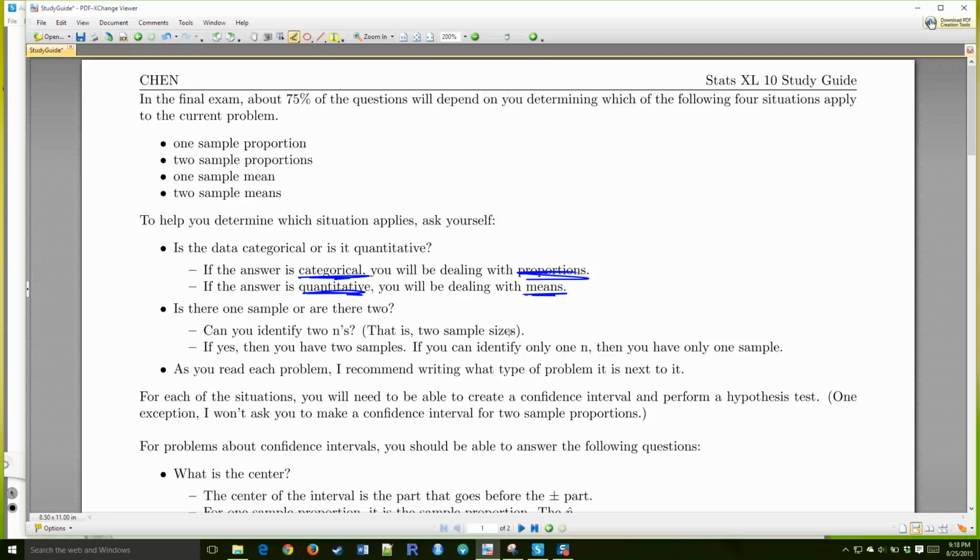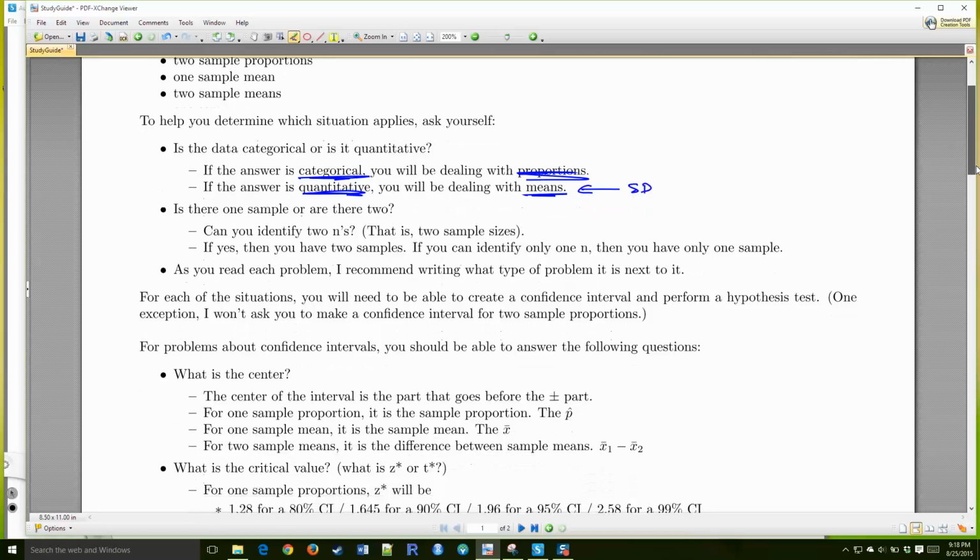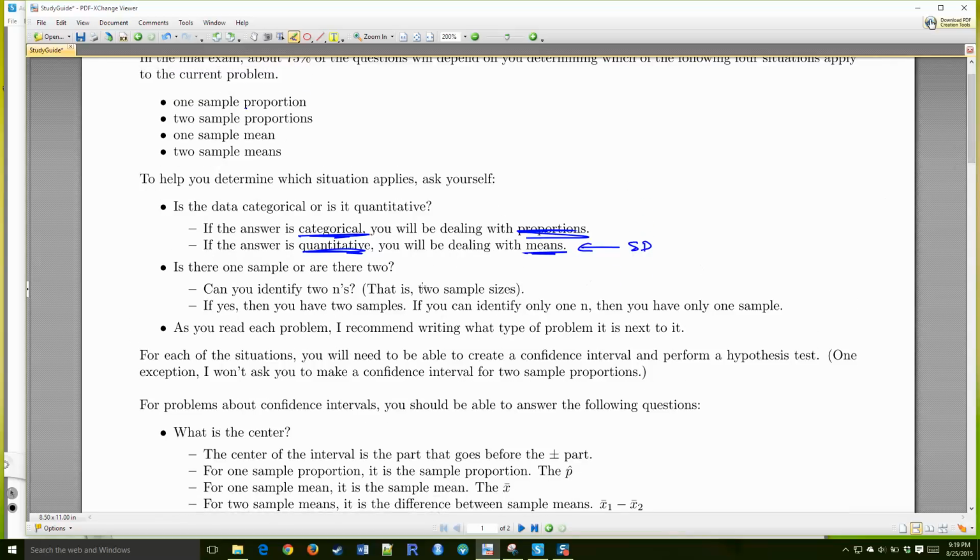Also, as you're reading, if you see a standard deviation in there, then you're dealing with means. You're not going to have a standard deviation if you're dealing with proportions. As you're reading the problem, you also have to see if you have one sample or two samples. If you want to say you have two samples, you've got to be able to identify two sample sizes.